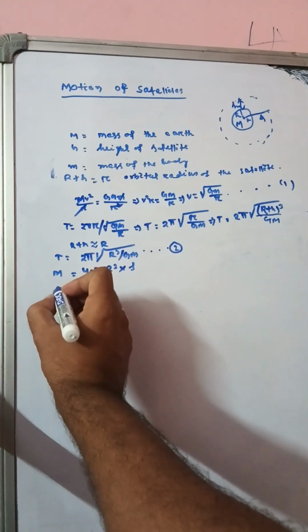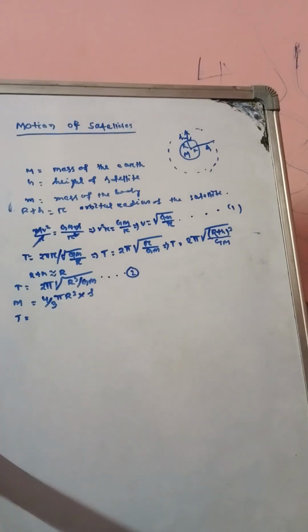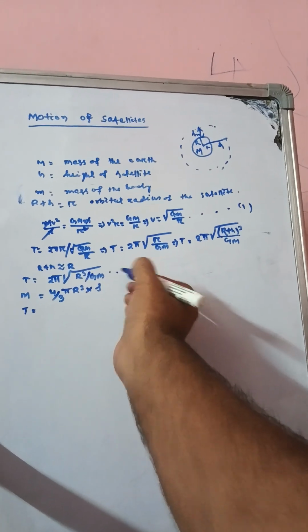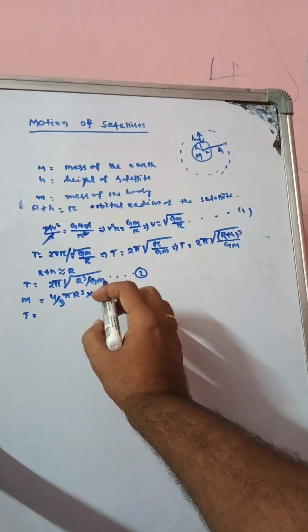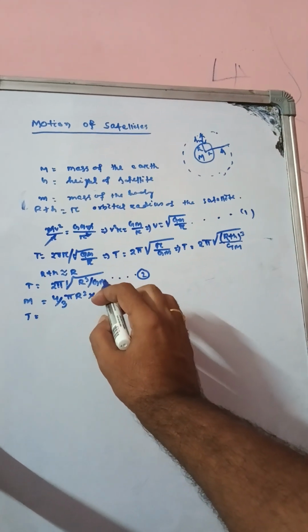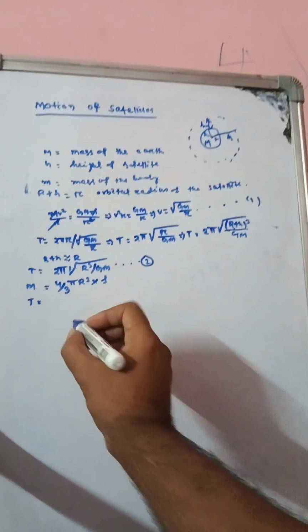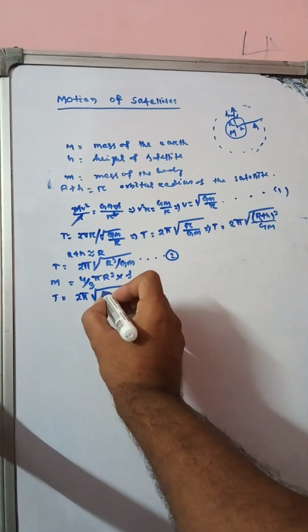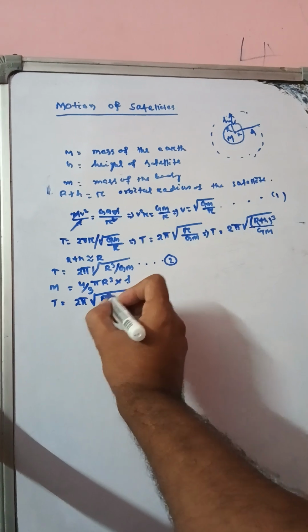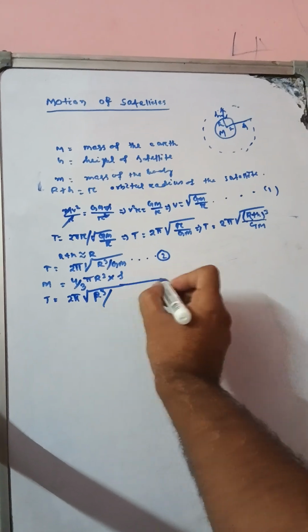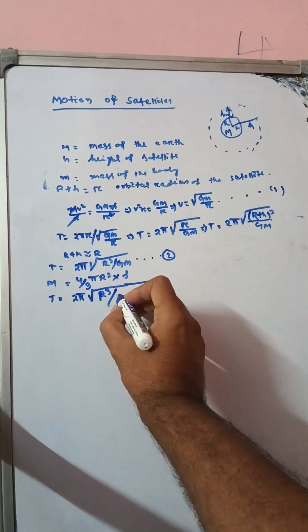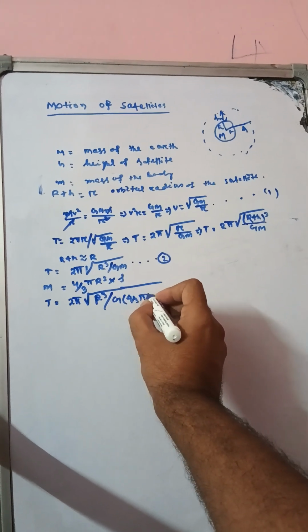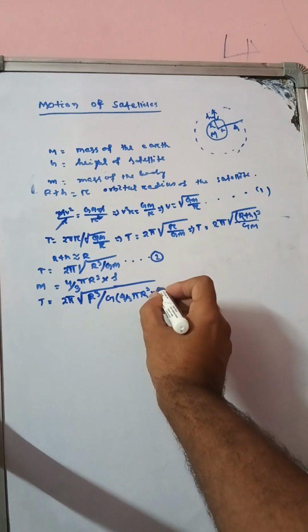So we have to write this in the exam paper: substituting the value of M in equation 2, T is equal to 2 pi square root of R cube divided by G into 4 by 3 pi R cube into rho.